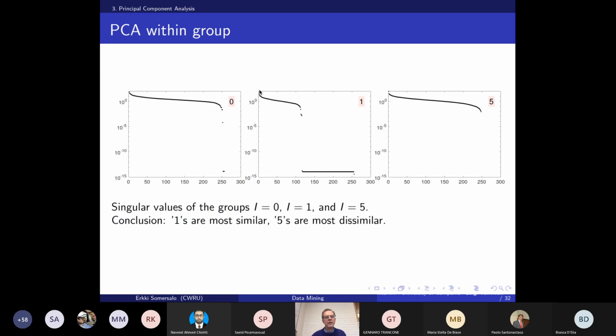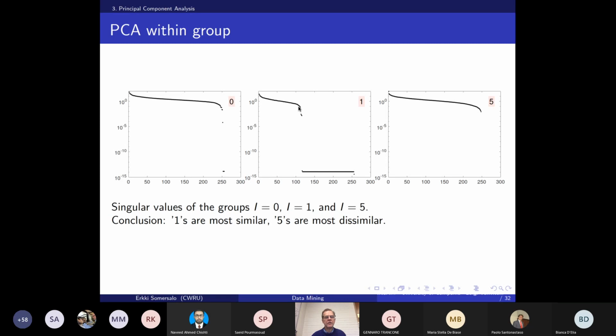It tells us that the data matrix containing these handwritten ones is essentially representable by roughly 100 feature vectors, because after that the singular values are 0, and there's no information whatsoever. So you can think that instead of this 256-dimensional space, your ones are lying in a subspace of dimension about 100.